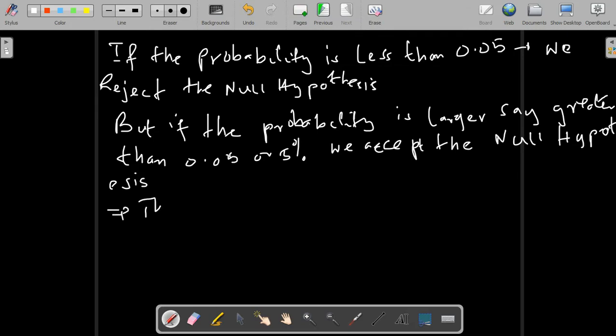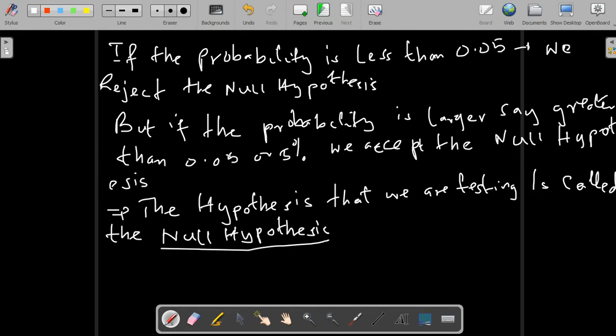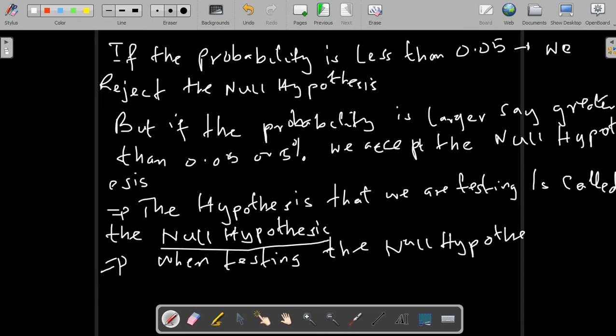You have to remember that the hypothesis that we test is called the null hypothesis. When testing the null hypothesis, we can make a correct or an incorrect conclusion.